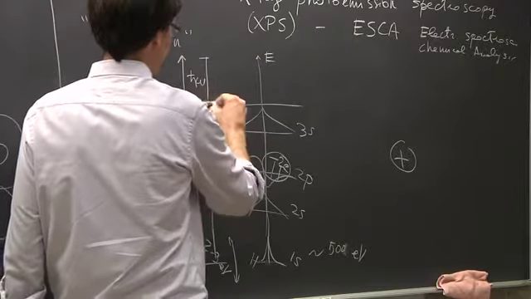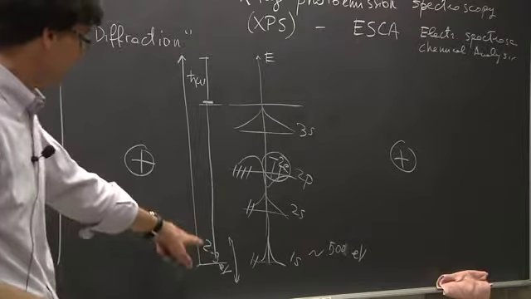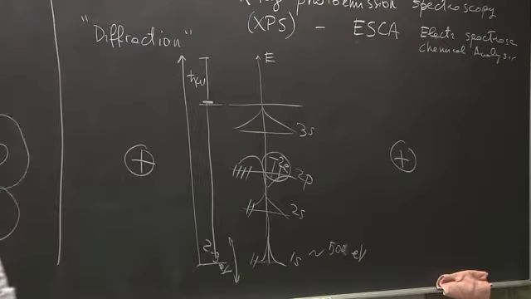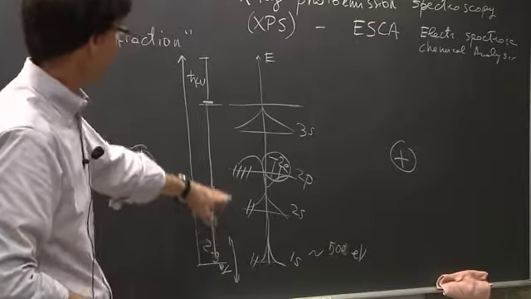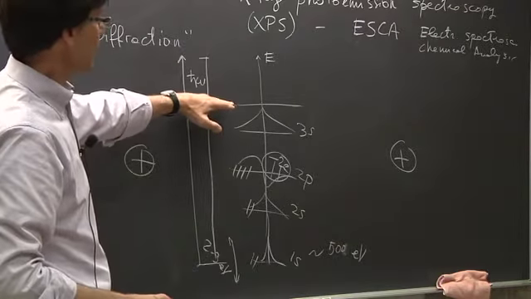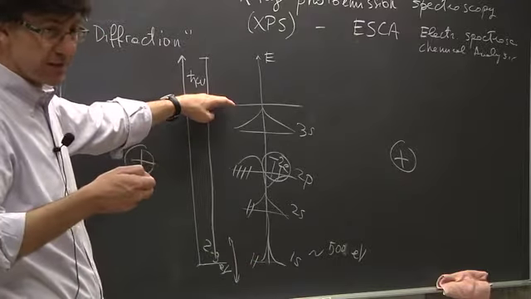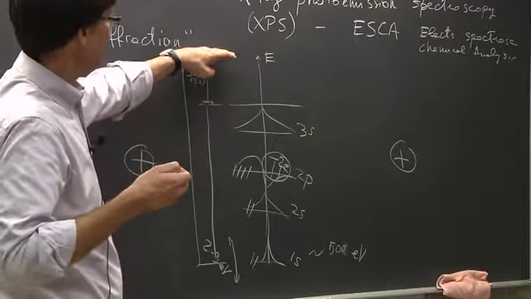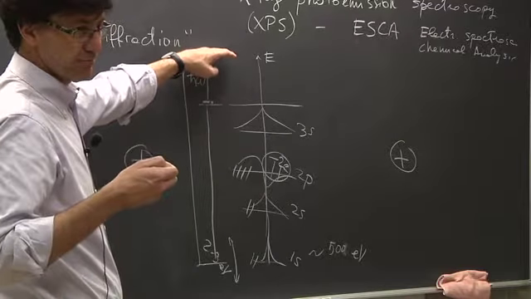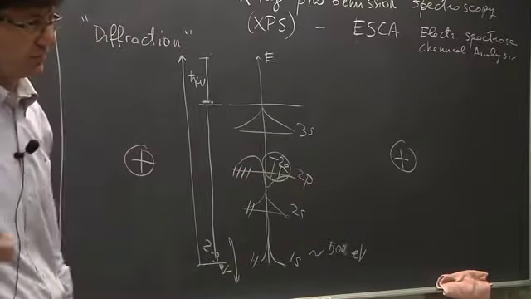And this energy is entirely going for this electron into kinetic energy, right? If you take an electron from here and you bring it here, this is the energy required to take it out of the system with zero energy outside, and all the rest is kinetic energy, okay? Kinetic energy of the electron.